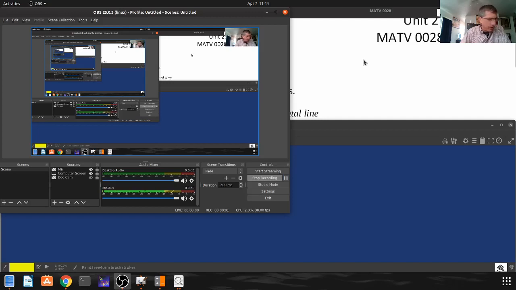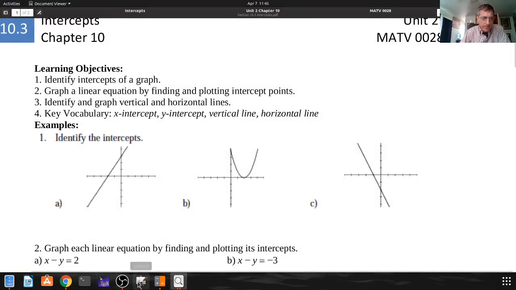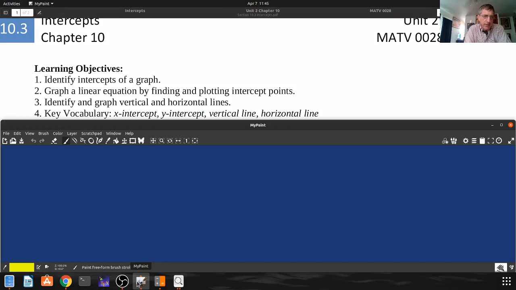Okay, let's start section 10.3. And our objectives here are basically all about intercepts. So let me give the formal definition, or I guess an informal one first.